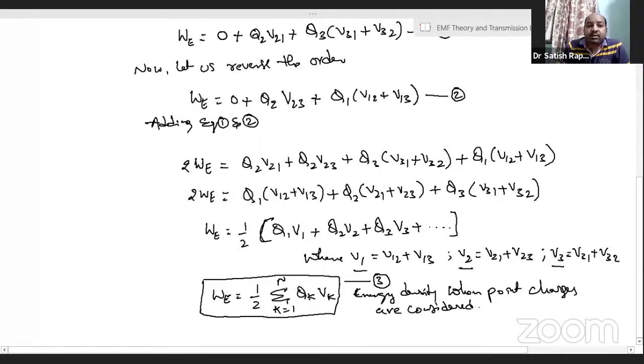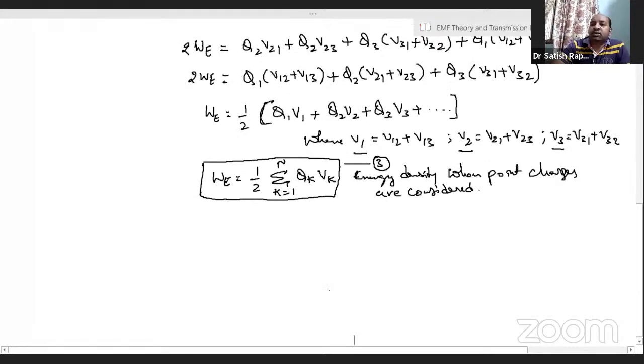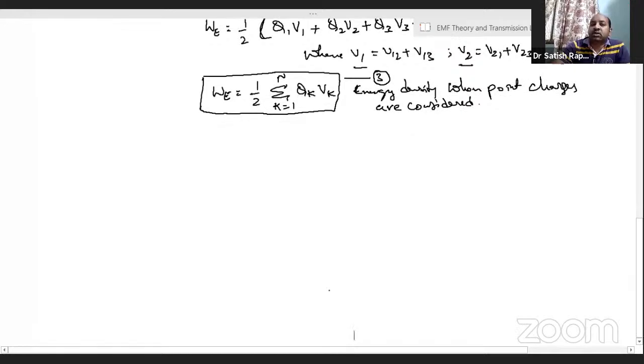Very simple, right? But if we consider continuous charge distributions, what is meant by continuous charge distributions? Line charge, surface charge, and volume charge, right?